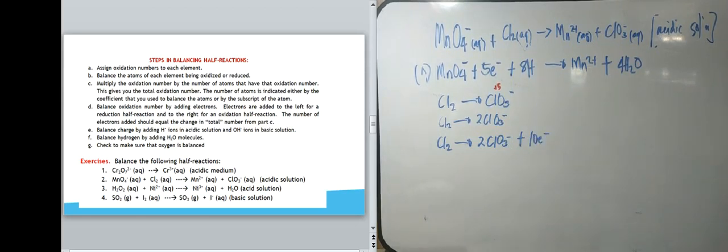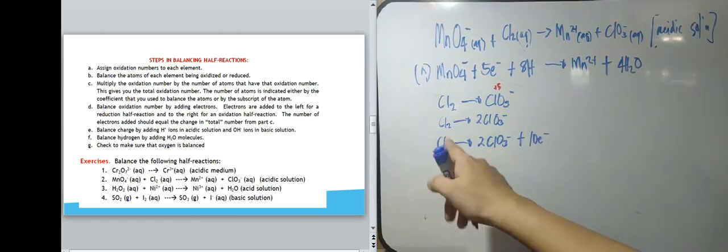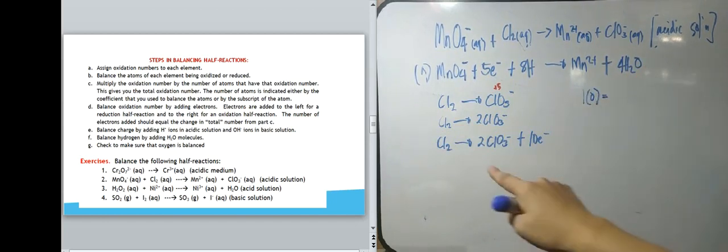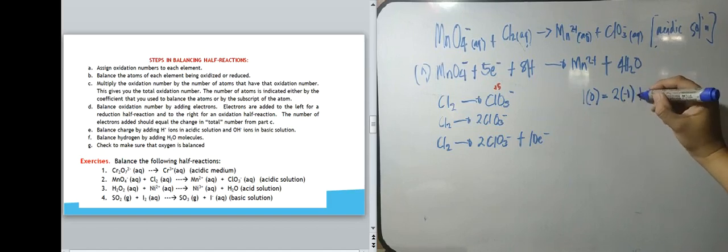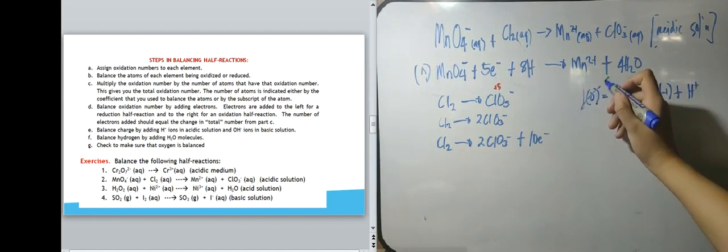So the next process is balance the charge by adding H plus ions. For us to check how many H plus ions, we check the charge: 2 times negative 1 plus 10 times negative 1 plus how many H, right? That is 0.